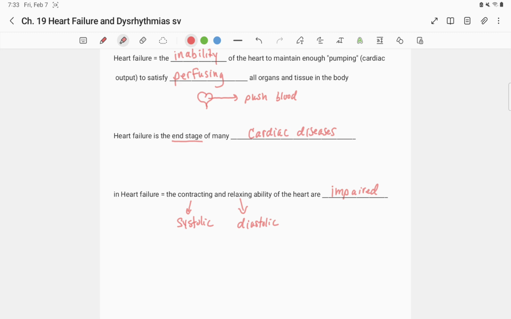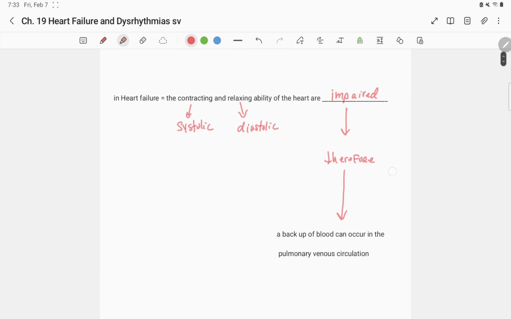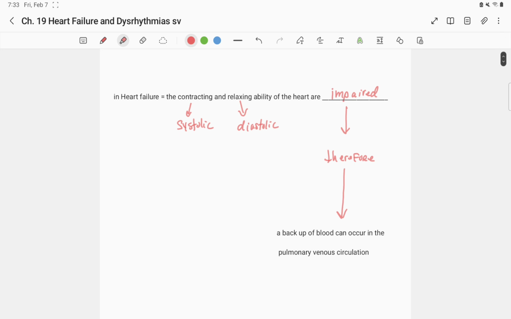Okay, when you get this impairment, therefore, a backup of blood can occur in the pulmonary venous circulation.